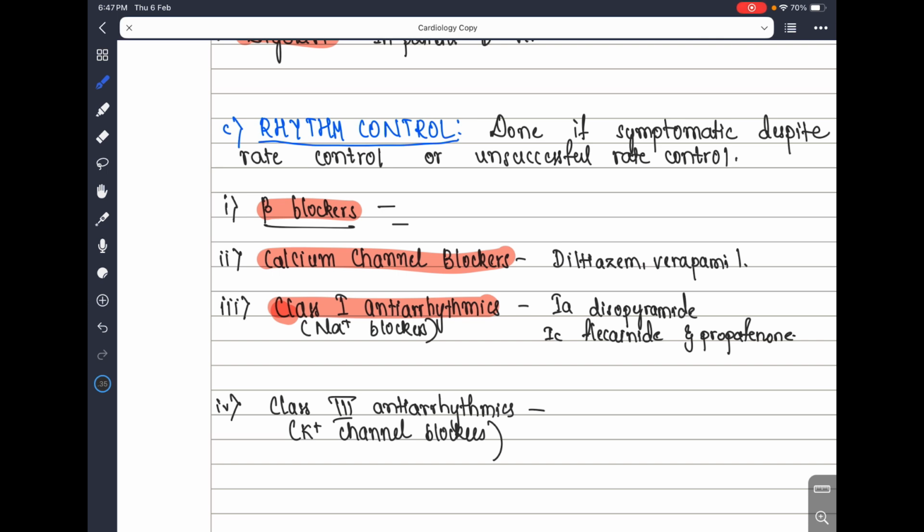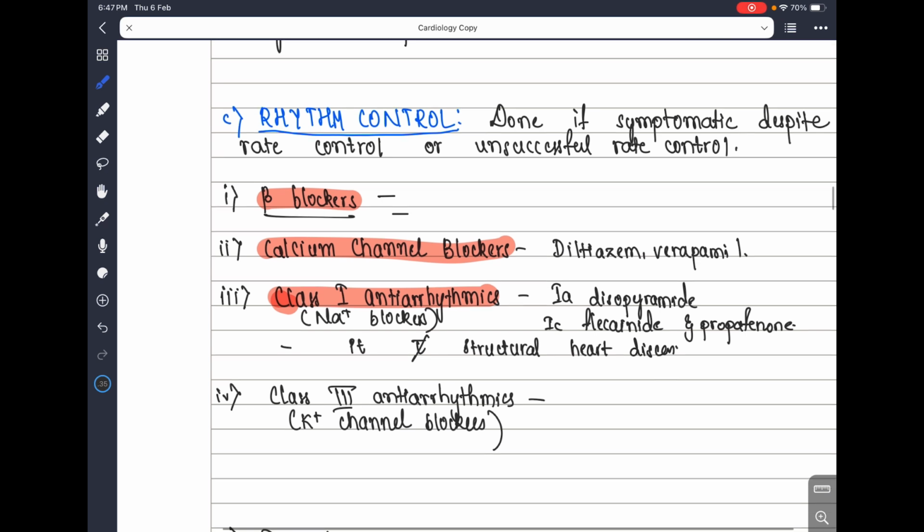One of the important things that you should remember in this is it can be used in patients without any structural heart disease.